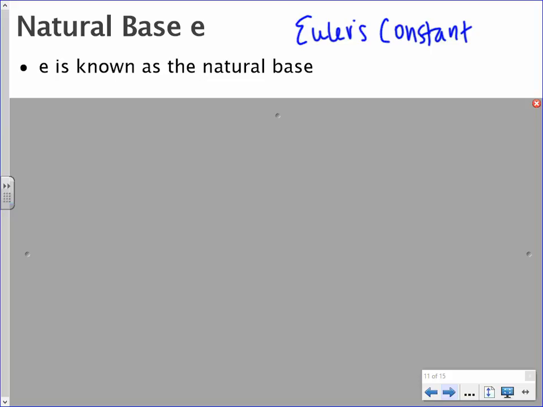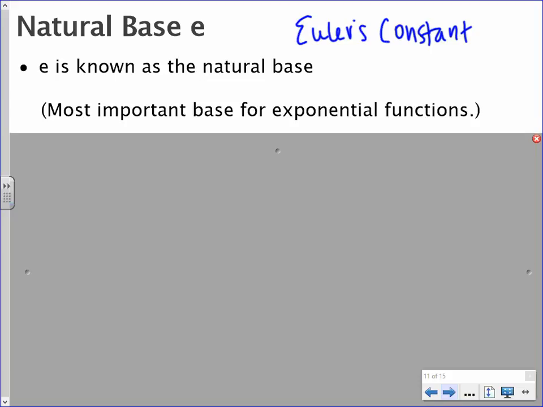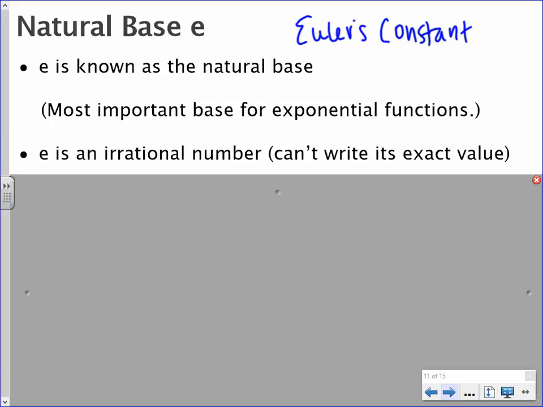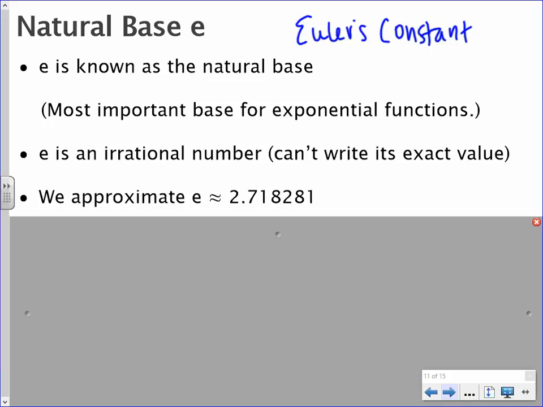This is probably one of the most important bases, and we see it more when we deal with logarithms than we do with exponents. e is an irrational number, much like pi is an irrational number, and we approximate it like 2.718, and so on. It's irrational, so the decimal is going to keep on going forever without a pattern.